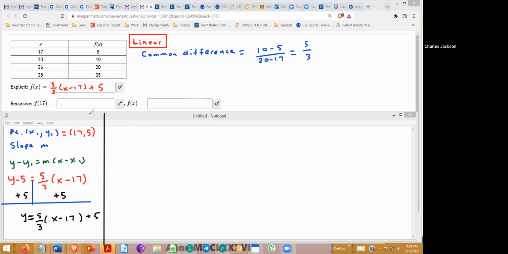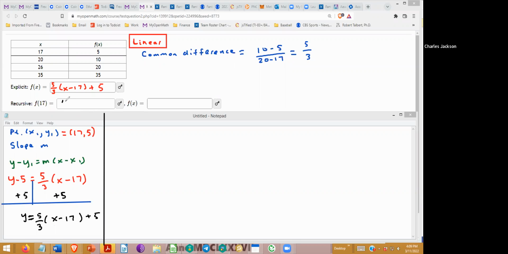And of course, to be complete, it needs to tell you where to start. Otherwise, you wouldn't really know what the sequence is. Often they skip that, but here they don't. They start it with f of 17 equals 5.